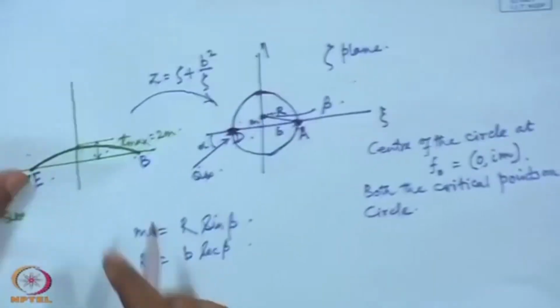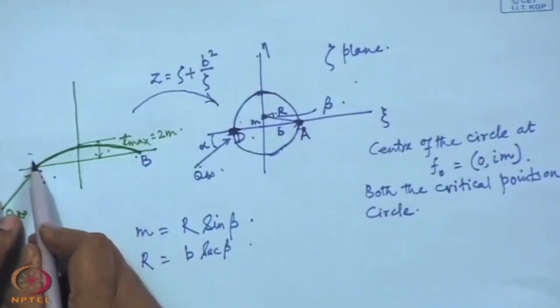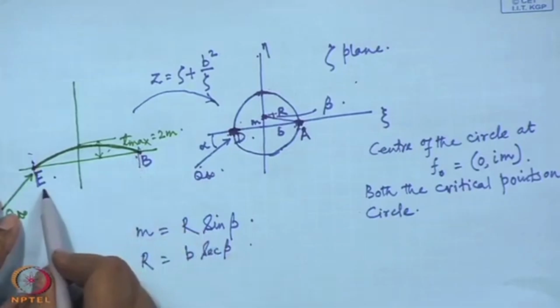What will be the chord of this airfoil, this circular arc? Remember, the chord is this length, this is the length of the chord.